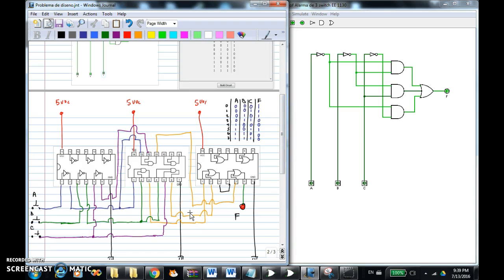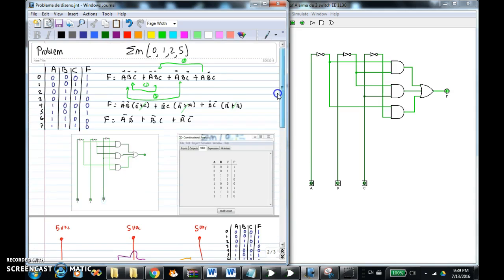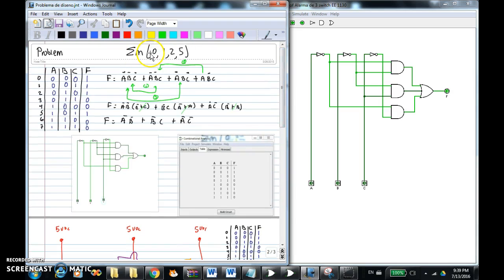So I believe this is the entire process. First, we need to know which combinations we want to detect, right? We want the system to turn on when A, B, C are off, when A, B, and C are on, when A is off, B is on, and C is off, and A on, B off, and C off.